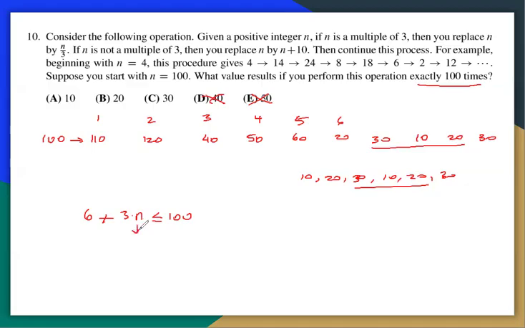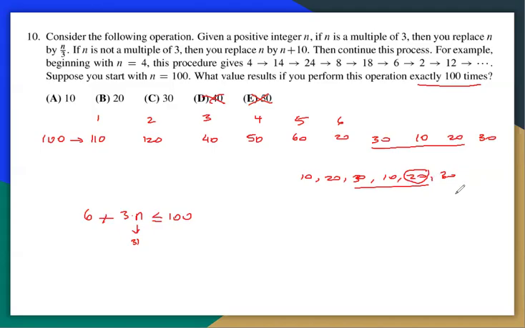So if I try 93, divided by 3 is 31. So you got 93 plus 6, that's 99. Which means if you do this cycling 31 times after the first 6 operations, you get 99 terms, which will give us this as our 99th number.